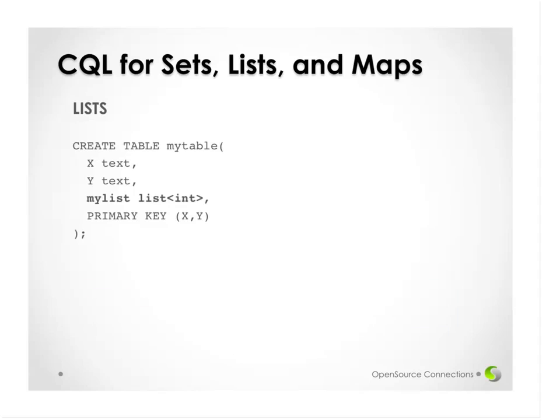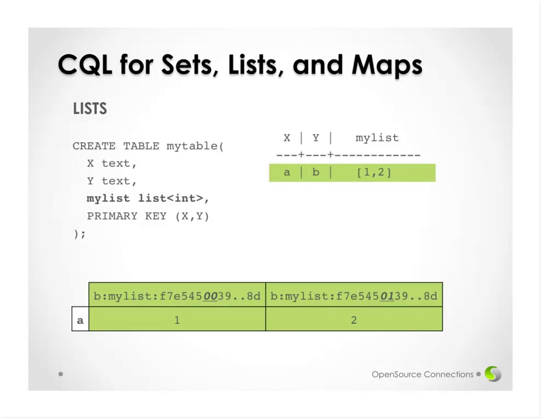So next we'll take a look at lists. And again, the primary key is going to be the same thing, so we won't discuss that anymore. But this list has two elements in it. And the way that this would look internally is kind of similar to the last one, but instead of concatenating the value of the list at the end, we concatenate this crazy number to the end, this UUID.